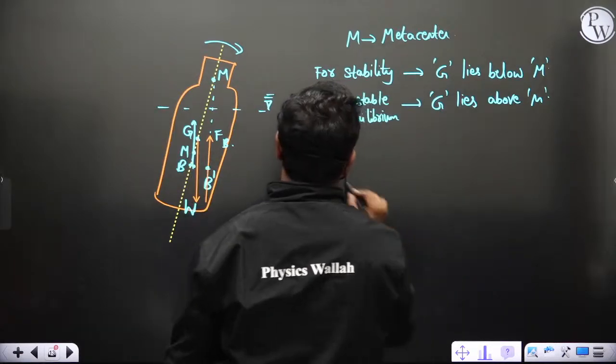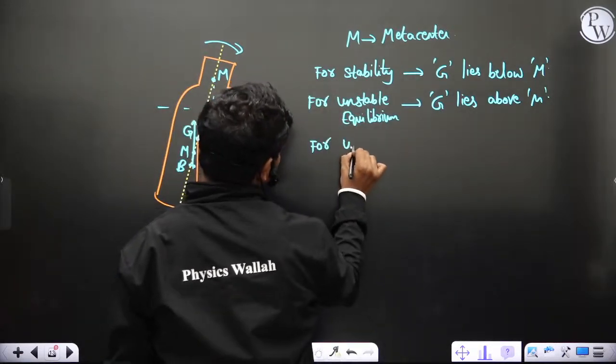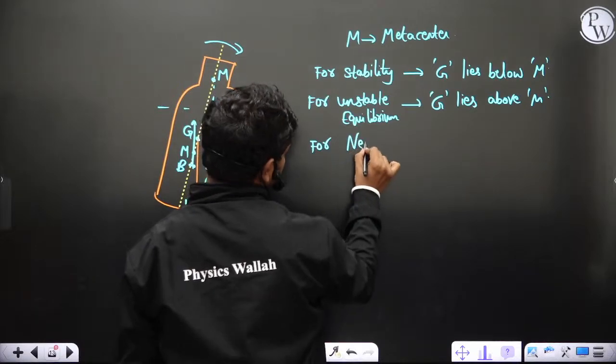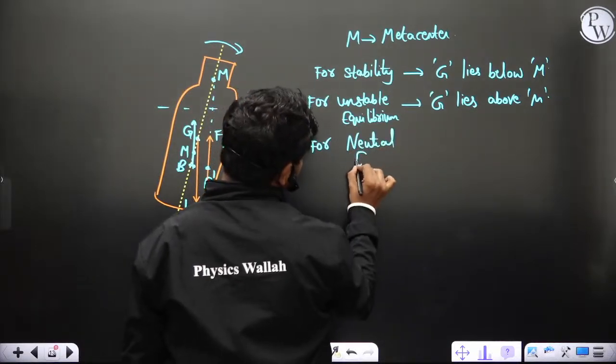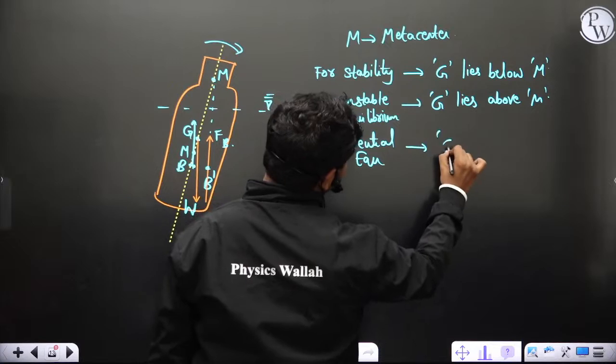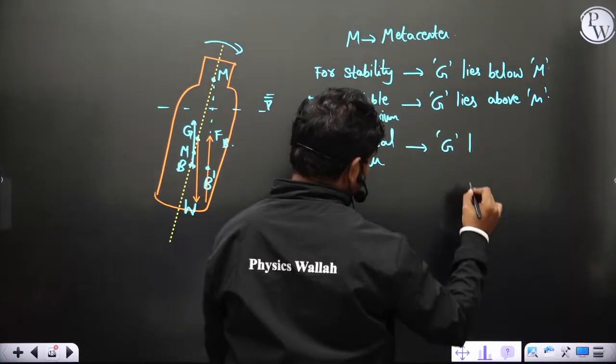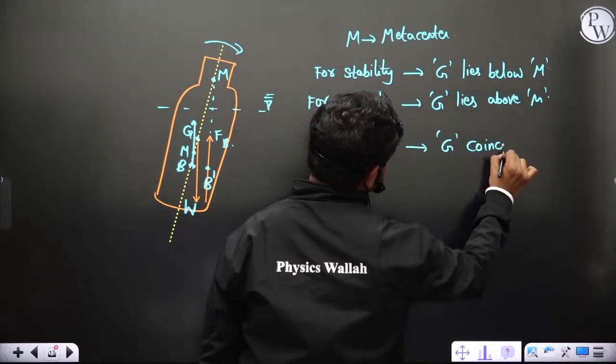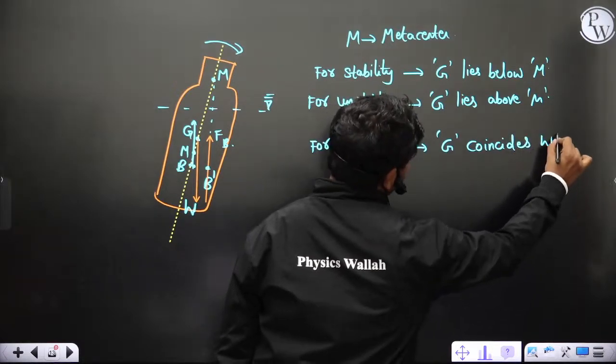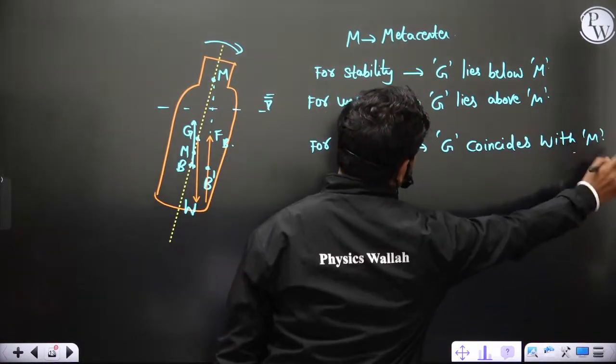In this case you have seen. For neutral, obviously both of them coincide because no moment should be acting. So for neutral equilibrium, G coincides with M actually.